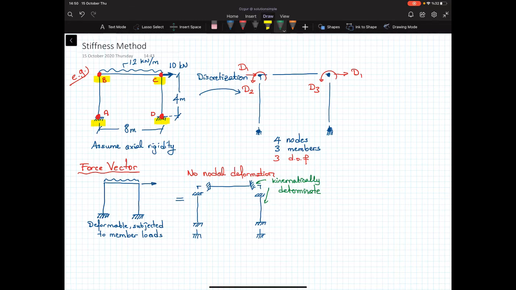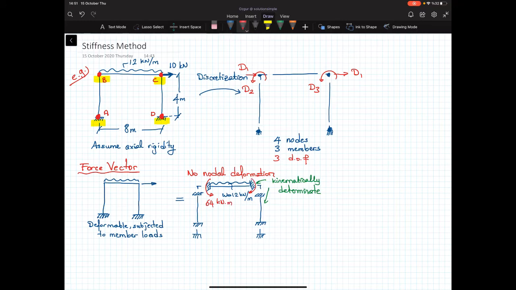Okay, we have kinematically determinate members, and let's show the uniformly distributed load on it, which is 12 kilonewtons per meter. Since this is a kinematically determinate structure, I can calculate all the end forces by using the fixed end moments and forces. So when you calculate it, this is 64 kilonewton meters. That's the moment.